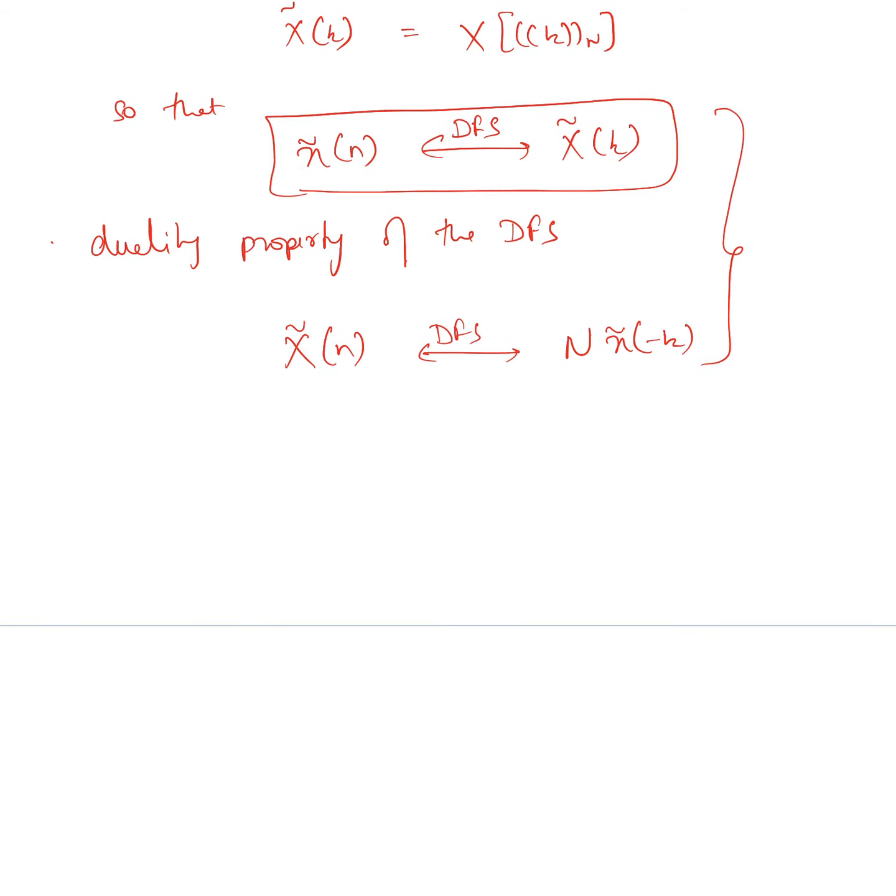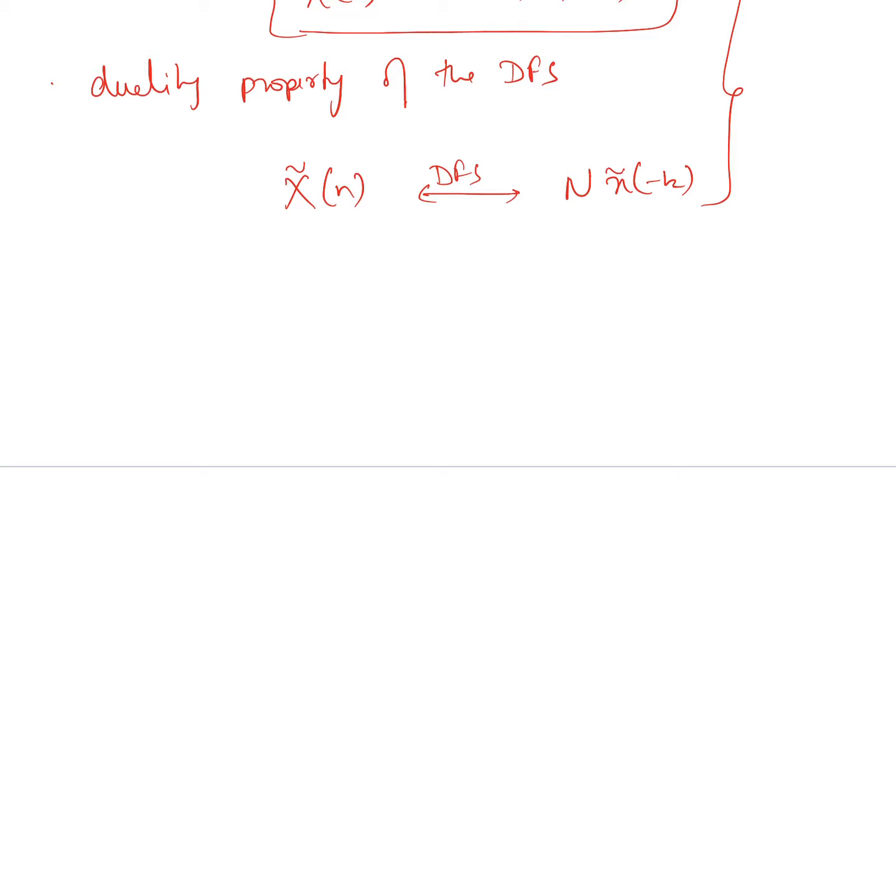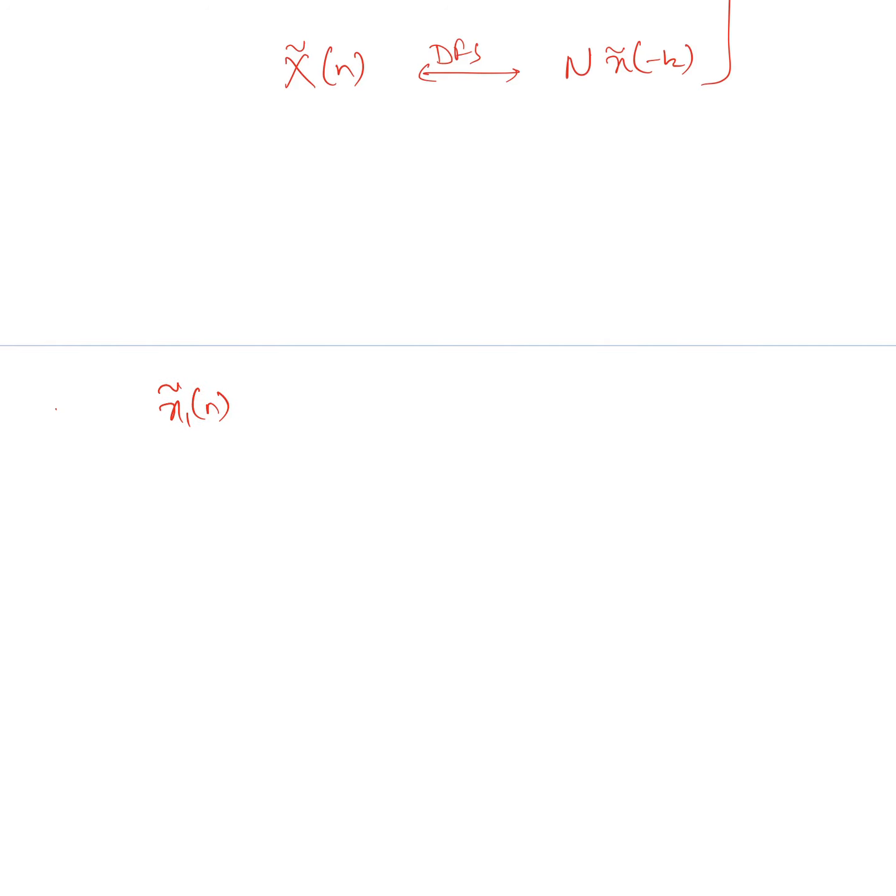So now pay a bit more attention. Let's say we define a new periodic sequence which is x tilde 1 of n, and we put it equal to X tilde of n, that is this one.